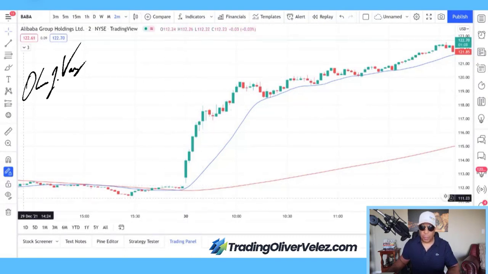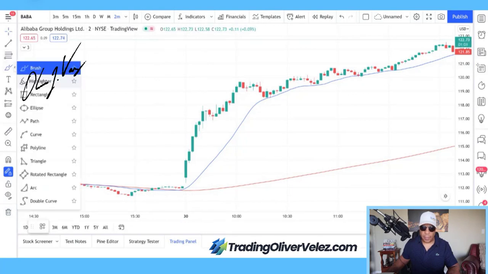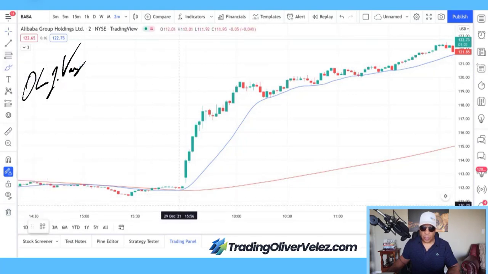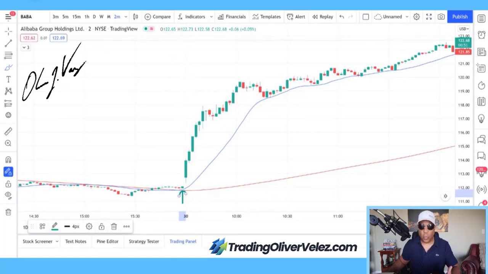Now, if we go over here with Baba, right? And we note that the two moving averages are very close together. All right, they're pretty much kissing each other. They're pretty much one moving average. That's how close they are. That is indicative of Baba being in a narrow state.